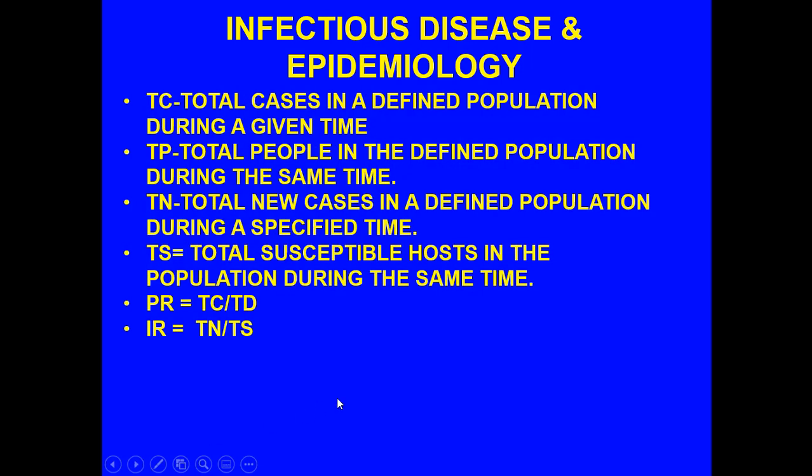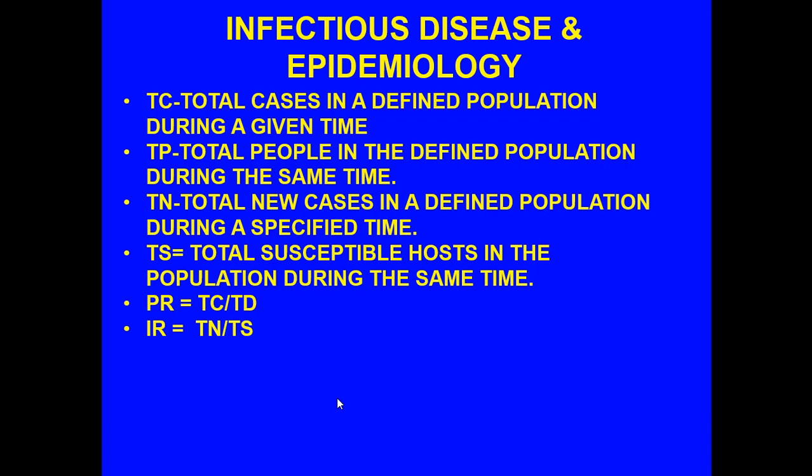Now, we start getting into some of these proportions and ratios, etc. I want you to get somewhat familiarized with them, but don't memorize everything. All right? Unless you want to go into epidemiology, which would be fascinating. If I say TC, that's total cases in a defined population during a given time. TP, that's total people in a defined population during the same time.